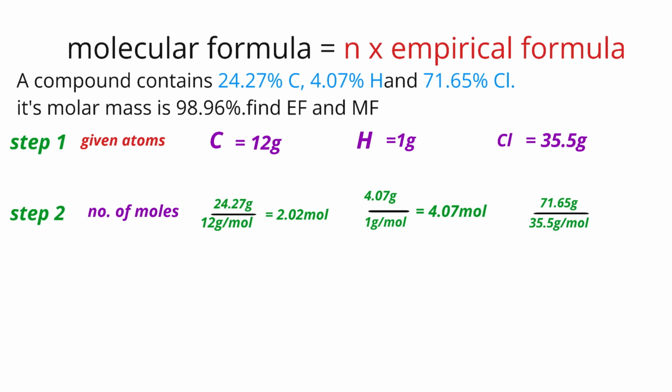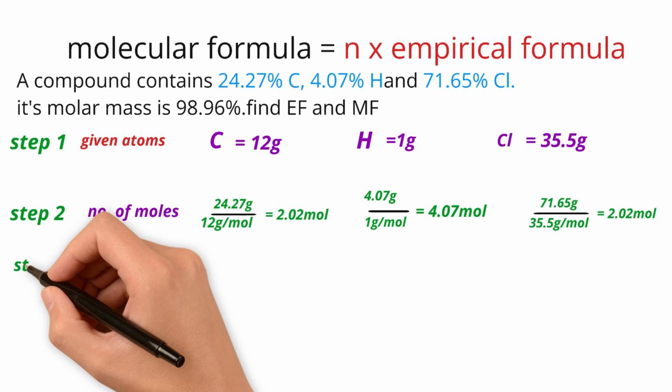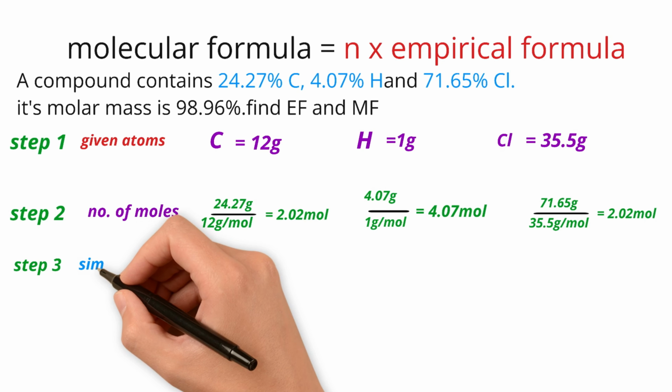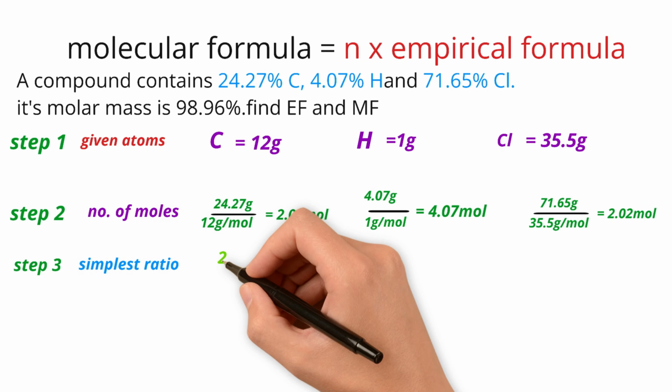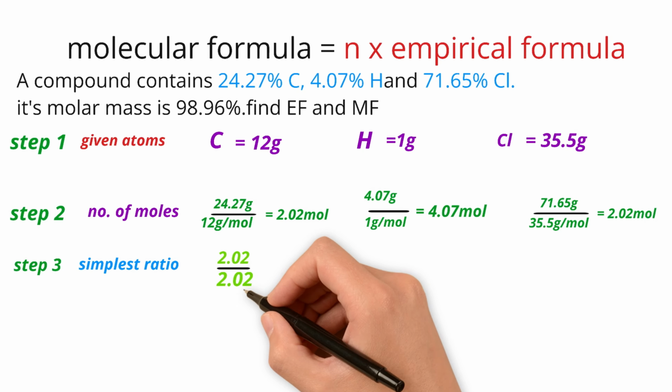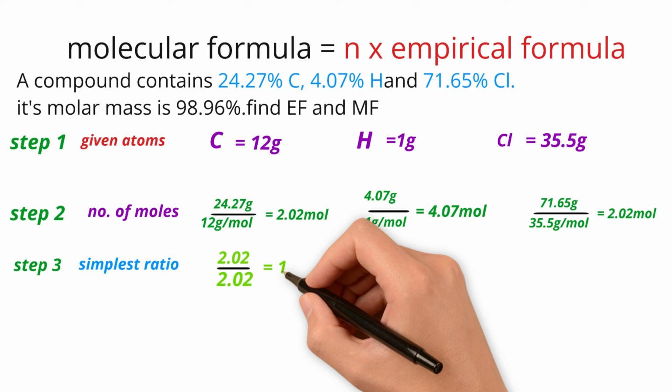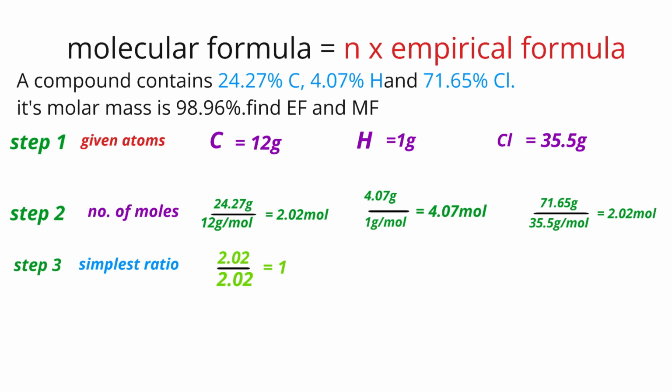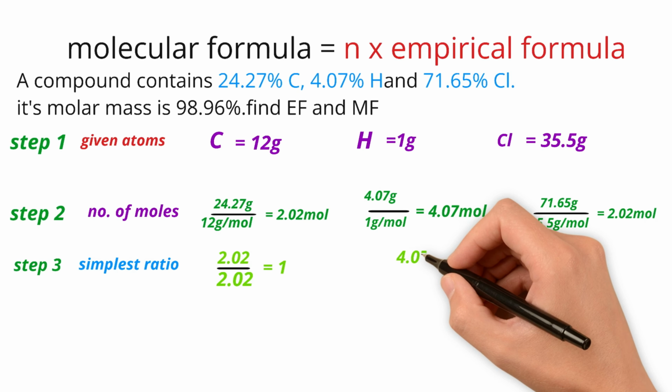The third step, the simplest ratio. The smallest mole here is 2.02. Let us divide each mole by 2.02 mole. 2.02 upon 2.02, which is equal to 1. 4.07 upon 2.02, which is equal to 2.